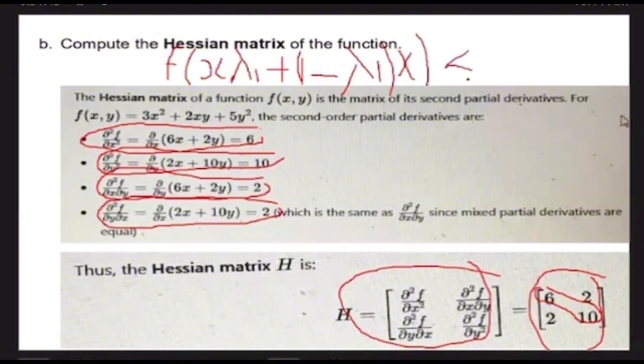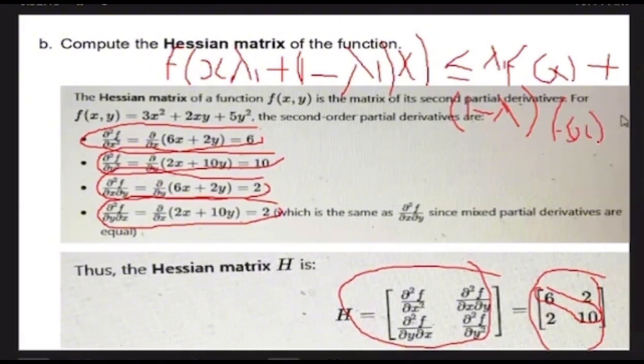It is less than or equal to lambda 1 f of x plus 1 minus lambda times f of x, which is going to be a weighted sum. Okay, so this is what I'm going to walk you through on Wednesday.